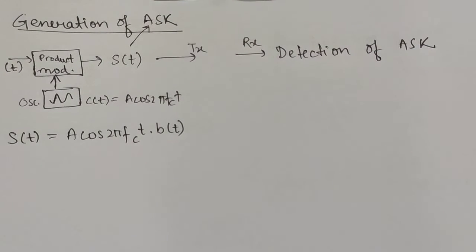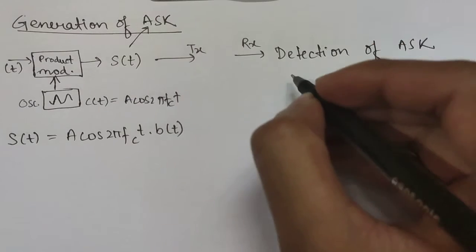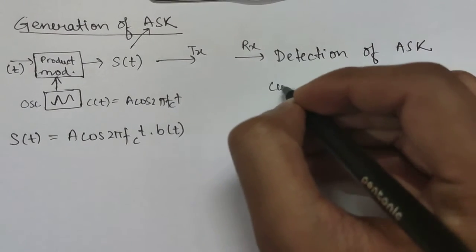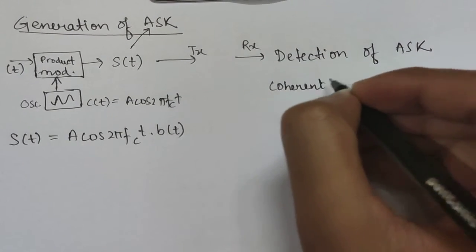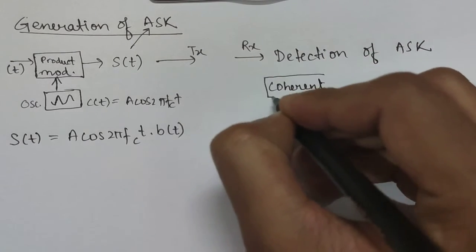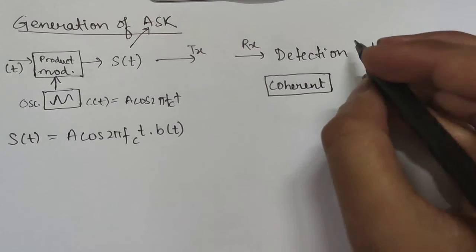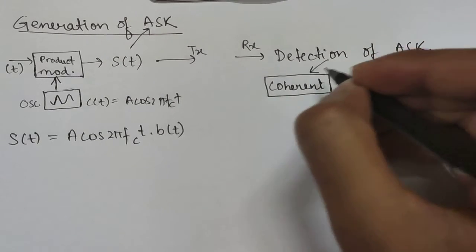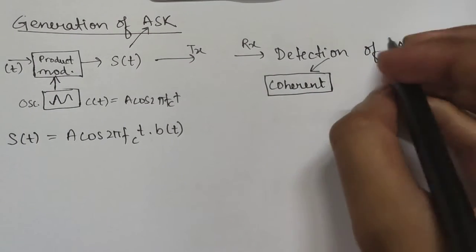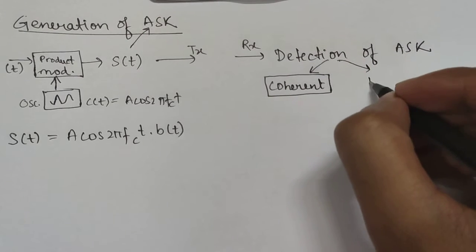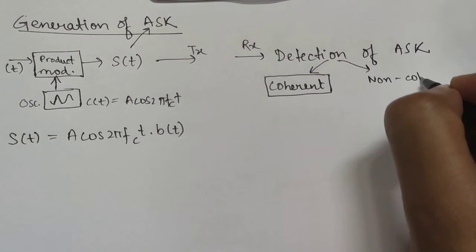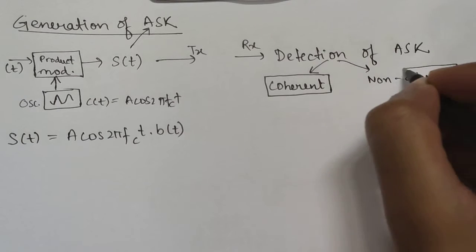The receiver can use two methods for detection. Either it can use coherent detection of ASK, or it can use non-coherent detection of ASK.